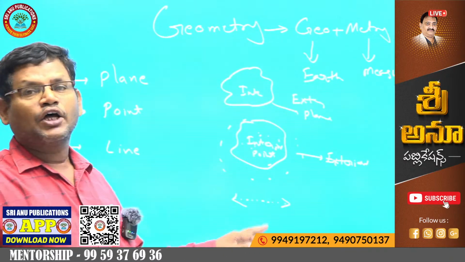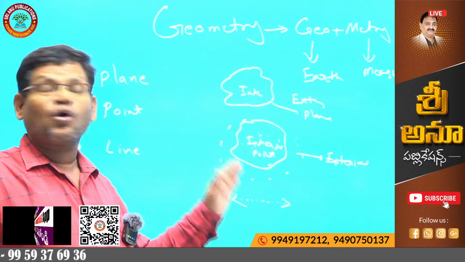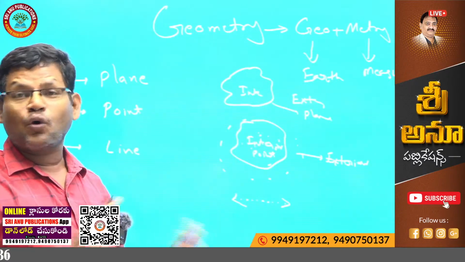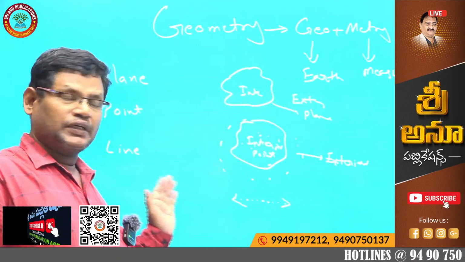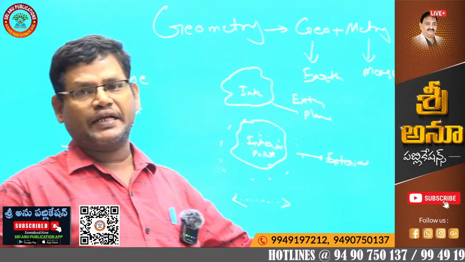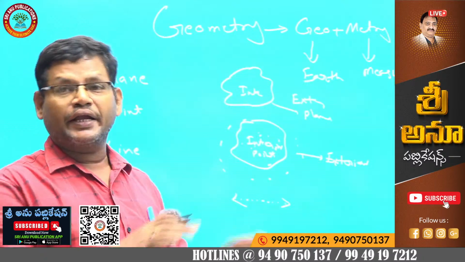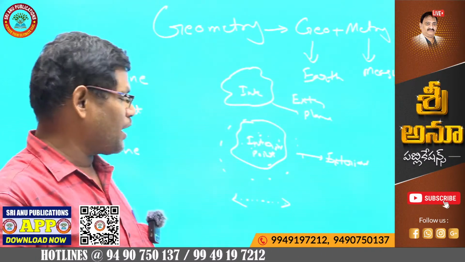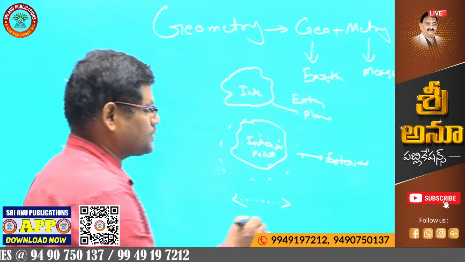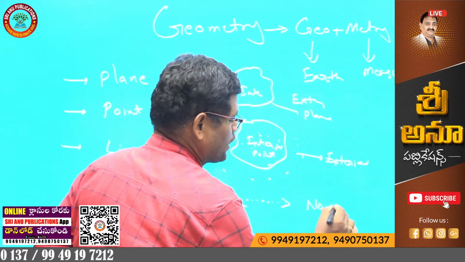A line has no end points. It has two directions, and it can be extended in both directions endlessly. That's why it has no end points.